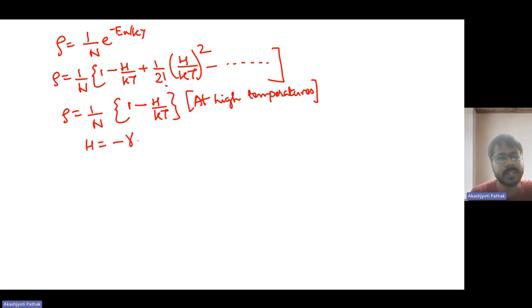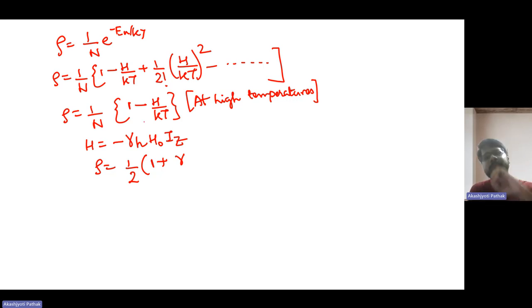So this is gamma h B naught Iz, that is, gamma h naught Iz, and this rho you can write as half times (1 plus ...). Basically what we are doing is replacing H with the expression for the energy of an energy level. What is the energy of an energy level? It is given by gamma h naught Iz by kT. Okay, so that is how we proceed.